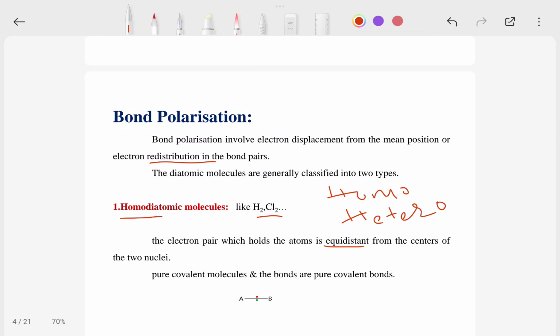Because the two atoms have the same electronegativity, they are called pure covalent molecules and the bonds are called pure covalent bonds.